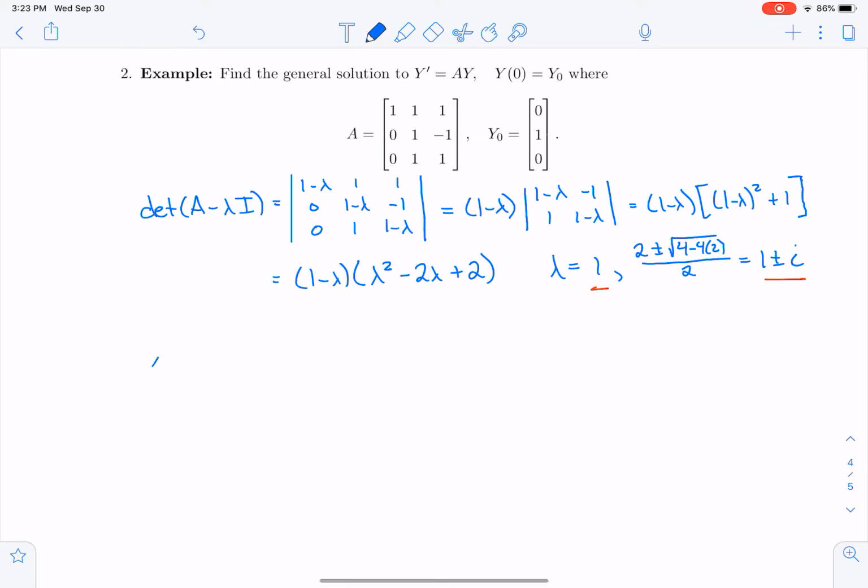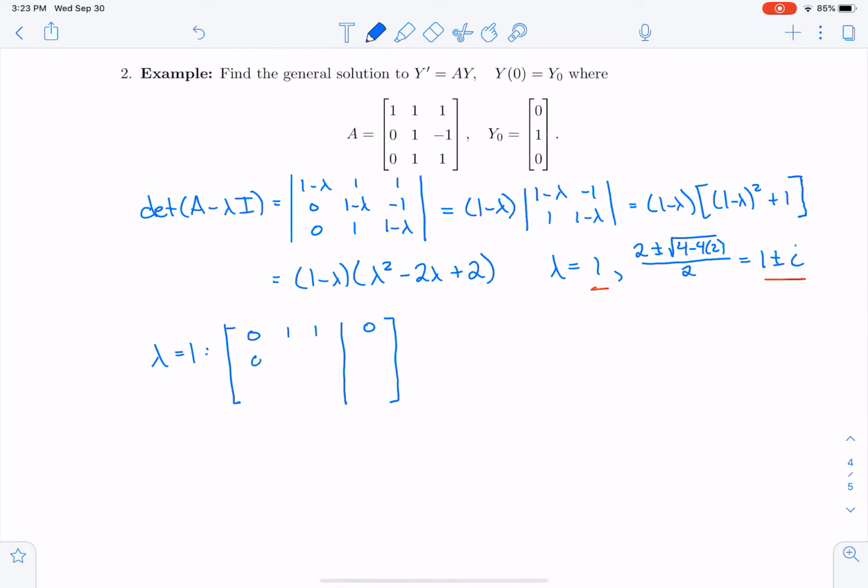So I can let lambda equal 1, and I can try to solve this system, A minus I times v is equal to 0. So I'm going to take the matrix where I subtract off lambda times I. That matrix is going to be 0, 1, 1. The right-hand side of this problem is going to be 0.